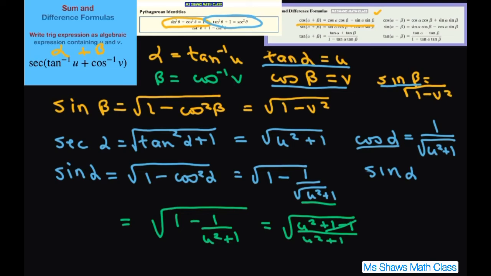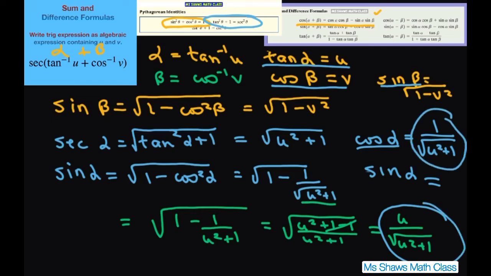The square root of u squared is just u, and then we still have square root of u squared plus 1. So keep these in mind while we use our sum and difference formulas. We have sine of alpha equals this, cosine of alpha equals this, and then we have our cosine of beta and our sine of beta.